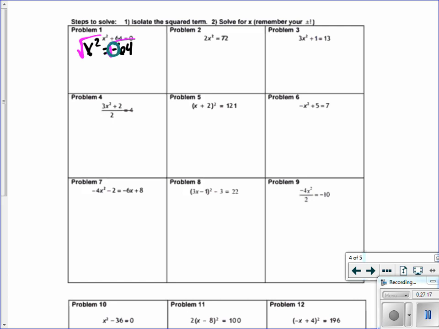Taking the square root of a negative number has no real solution. Where that comes into play is in Algebra 2, where you start learning about things called imaginary numbers. For now, we don't have to worry about it. We can write no real solution. Just make sure you include that word real.